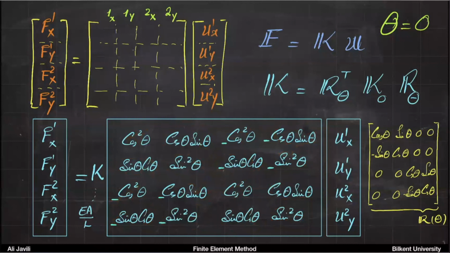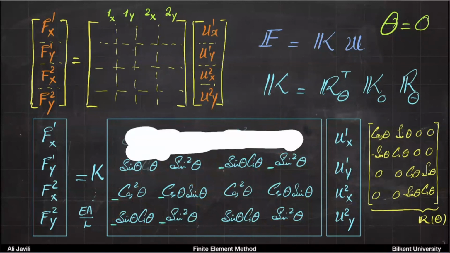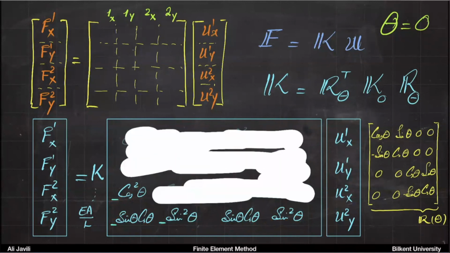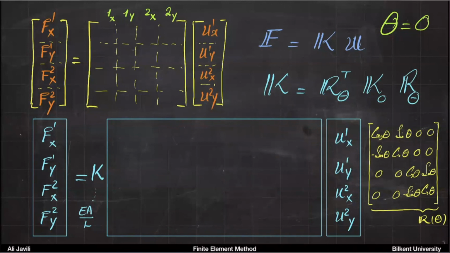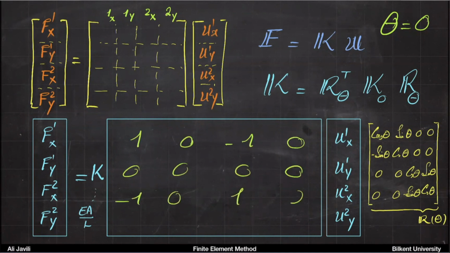So this system naturally becomes what we expected, or what we started with, if theta is 0. So at least it seems we haven't made a mistake, at least for theta 0, okay? So if theta is 0, your system would be 1, 0, -1, 0, 0, 0, 0, 0, -1, 0, 1, 0, 0, 0, 0, 0.